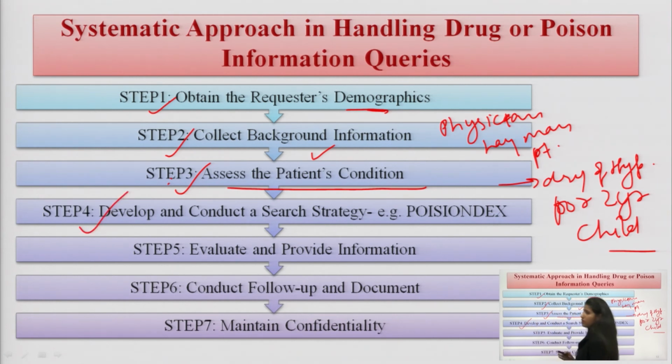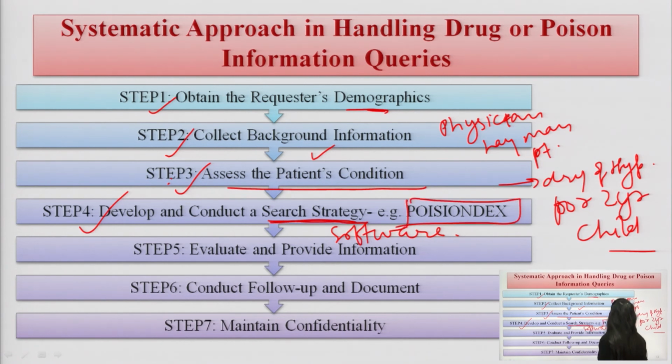We'll try to find this in step number 3. Of course, for the drug information center or the poison information center, the information is taken from computer software. So this information will be taken by the search strategy. One example here is the Poisindex. Similarly, there are other softwares dealing with information regarding drugs or poisons. These centers can evaluate the information from these softwares.